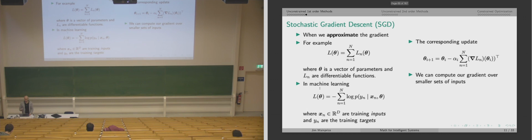So the key idea is that you can compute your gradient over a small subset of big N. So instead of computing your gradient over, let's say you have 1 million input-output pairs, you select a chunk, maybe 500, and then you compute your gradient there. And then you select another randomly selected 500, and you compute your gradient there.